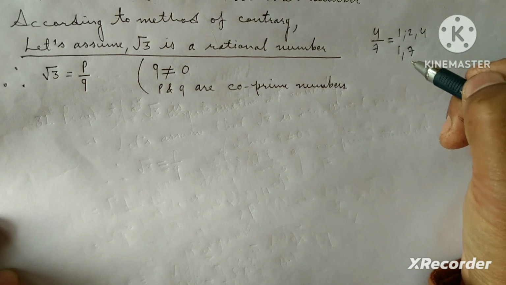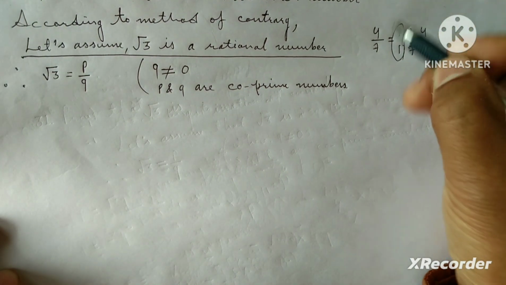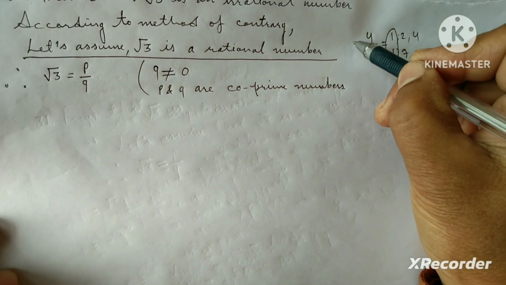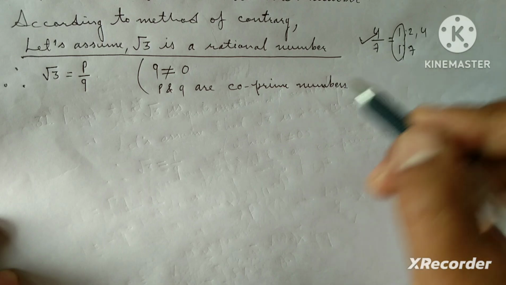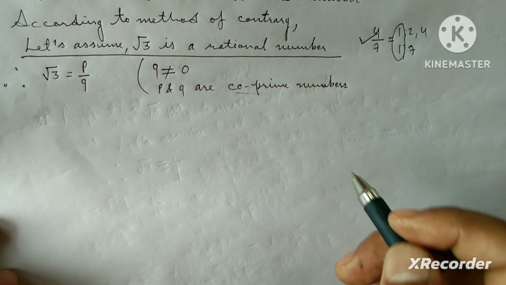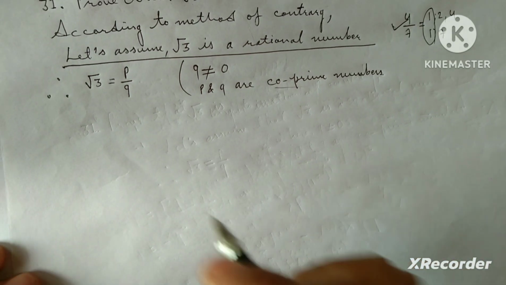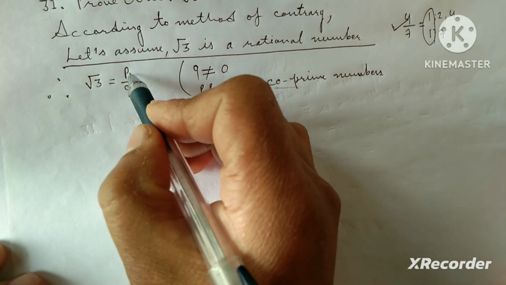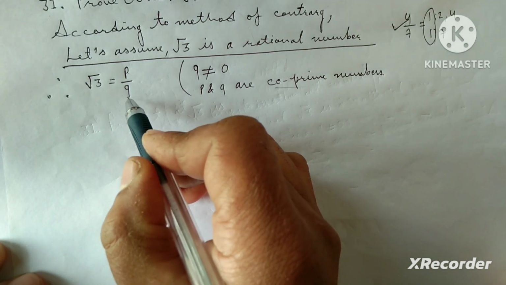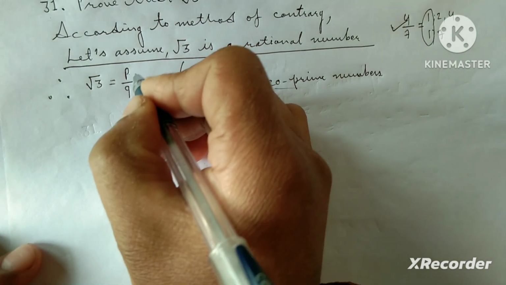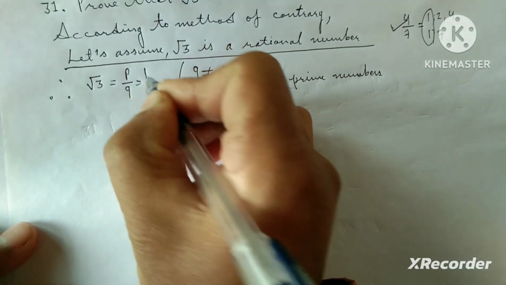Students, here it has only one common factor, that is 1. So this number is an example of co-prime numbers, right? Similarly, here also p and q are co-prime numbers, so obviously it also has only one common factor, that is 1.